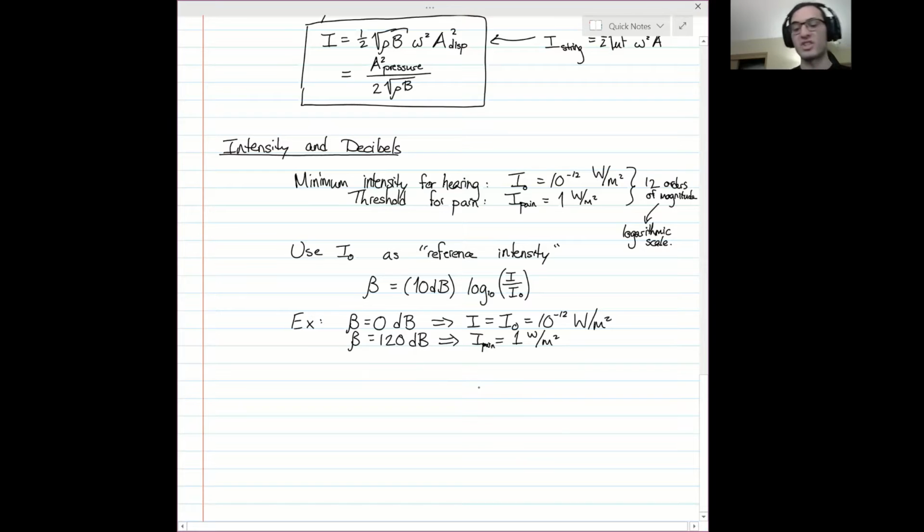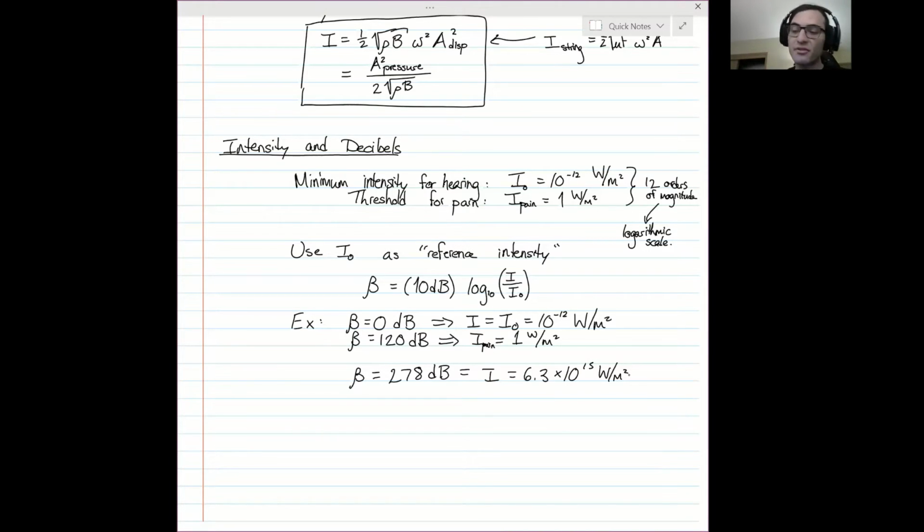But we could keep going with this game. If we take beta is 278 decibels, that gives you an I of 6.3 times 10 to the 15th watts per square meter. That's approximately 15 orders of magnitude higher than the threshold for pain.